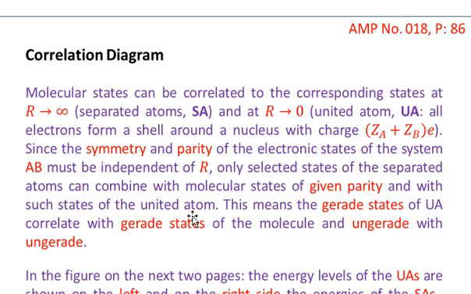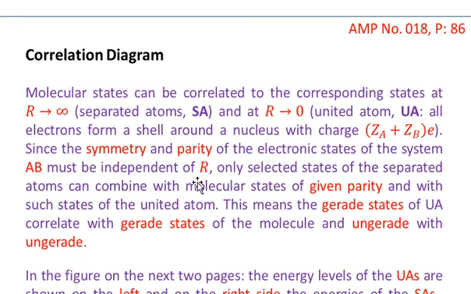So you see that the point here is important: the transitions from the molecular state to the separated atoms, and from the separated atoms to the molecular state, similarly from the molecular state to the united atoms, occur when they have the same parity.